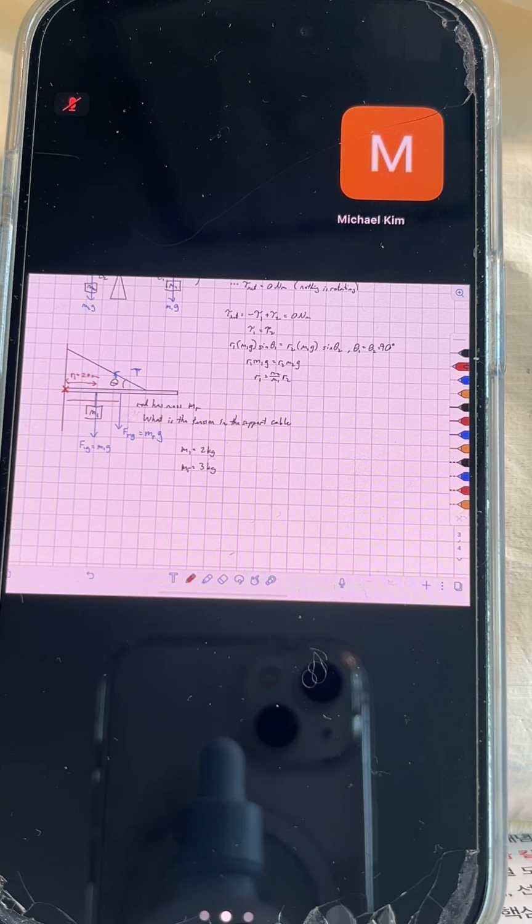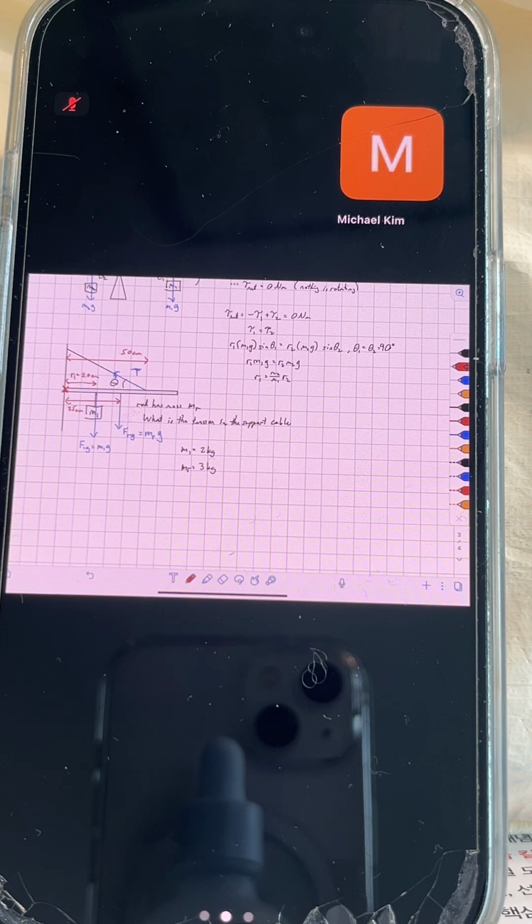This distance here, let's call this 35 centimeters, right? And then that would make this distance here, right, this is going to be, say, 50 centimeters. Okay.